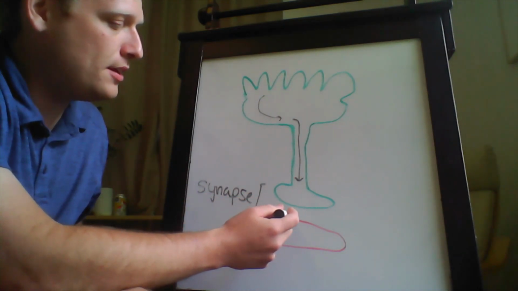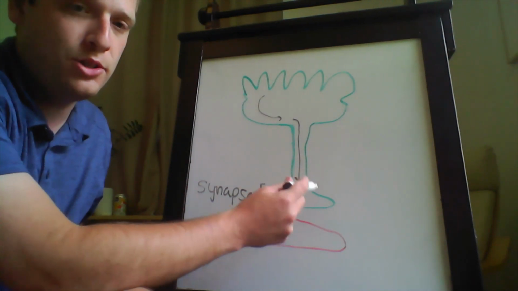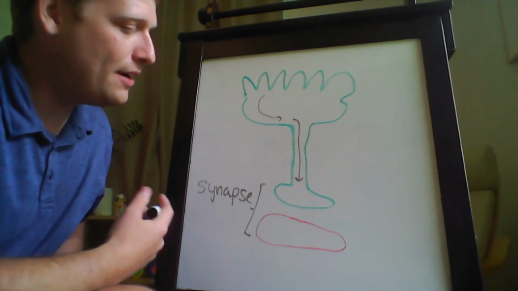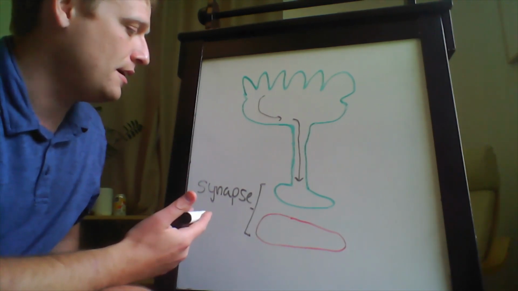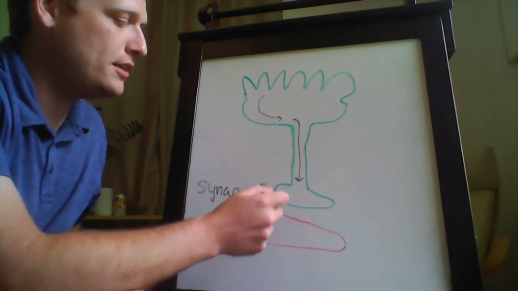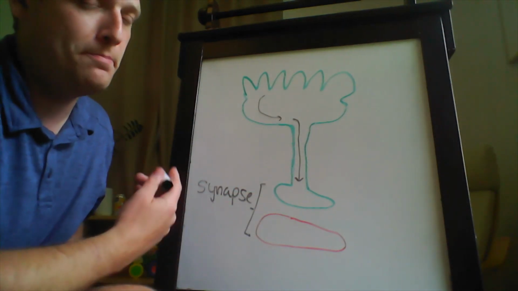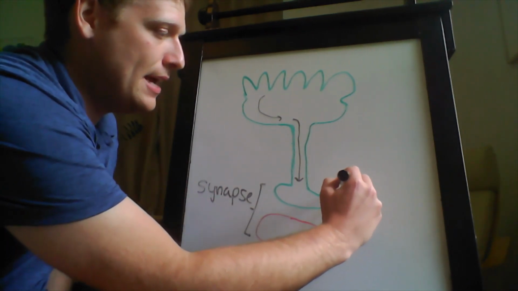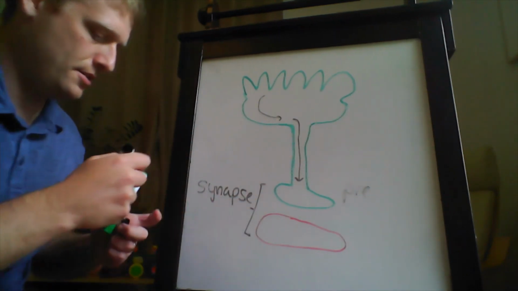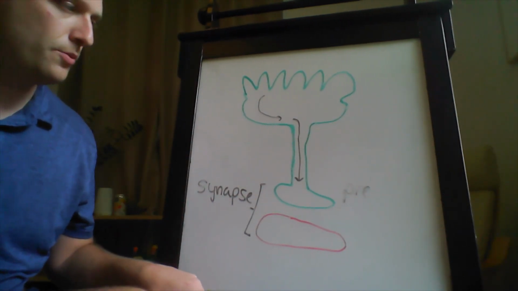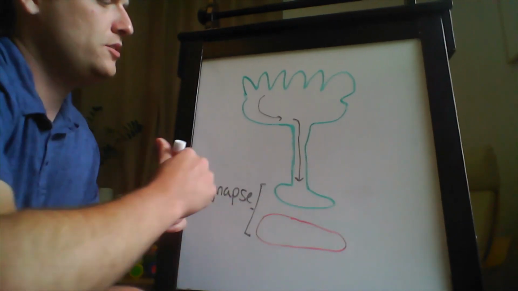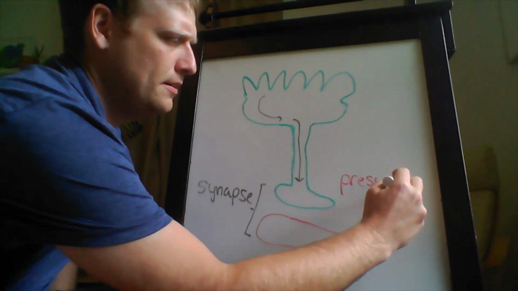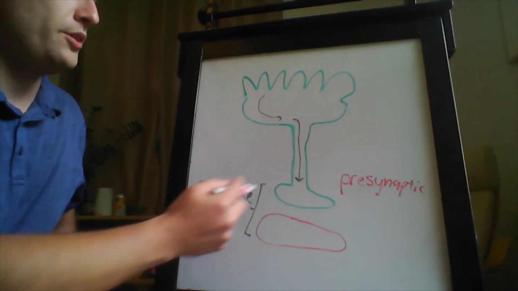But where the actual interaction between these two cells happens is at a place called the synapse. Whenever there's a synapse, that means it's the place where a neuron and the cell it's communicating with are meeting. So the parts of the synapse are the presynaptic neuron, or the presynaptic cell.